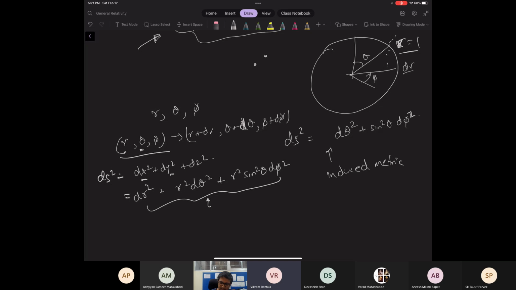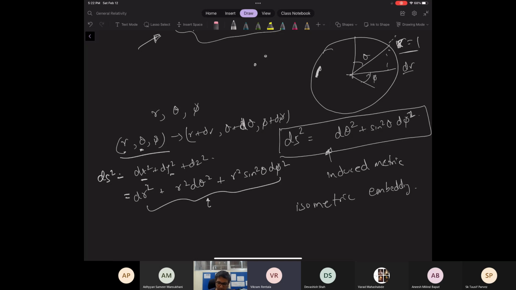The fact that you are embedded inside 3 dimensions and you preserve distances on this 2-dimensional sphere, which are actually distances in the 3-dimensional embedding, that gives you an induced metric. That metric has ds square equal to d theta square plus sine square theta d phi square. So this is a particular choice of metric that you can choose by doing what is called an isometric embedding, where you don't distort distances on the sphere and you embed it in three dimensions.